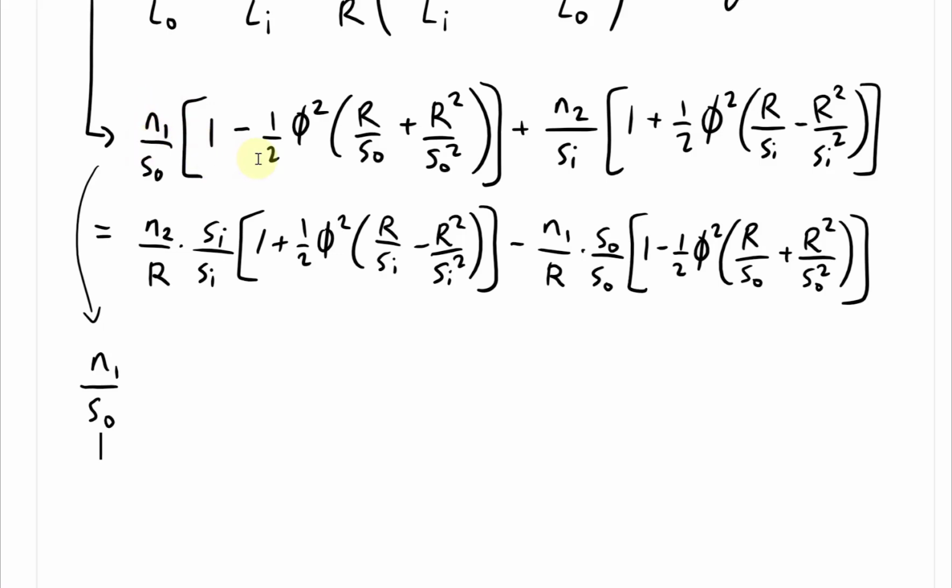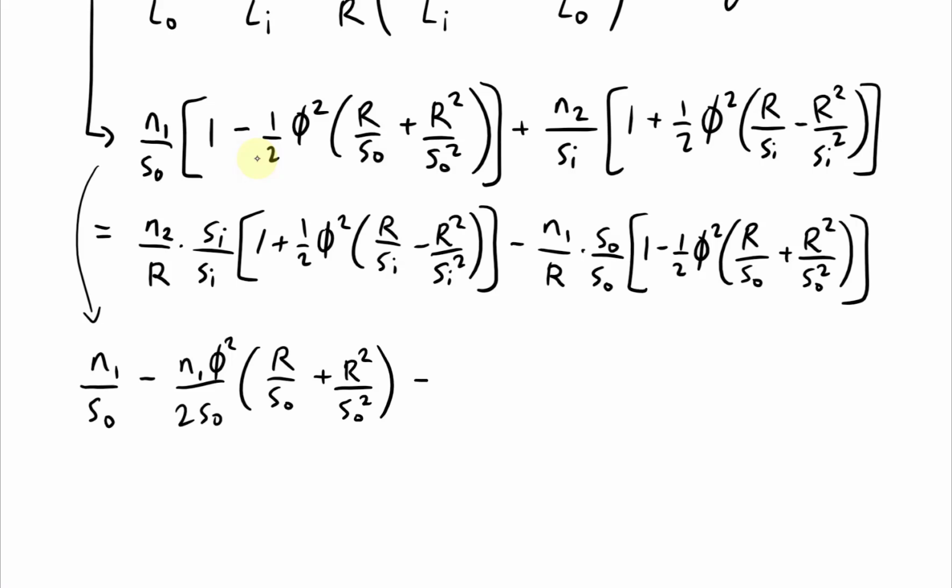Then we're going to keep going inside: minus N1 at the top, phi squared over 2 S naught, bracket R over S naught plus R squared over S naught squared, bracket, plus, now multiply this inside over here.